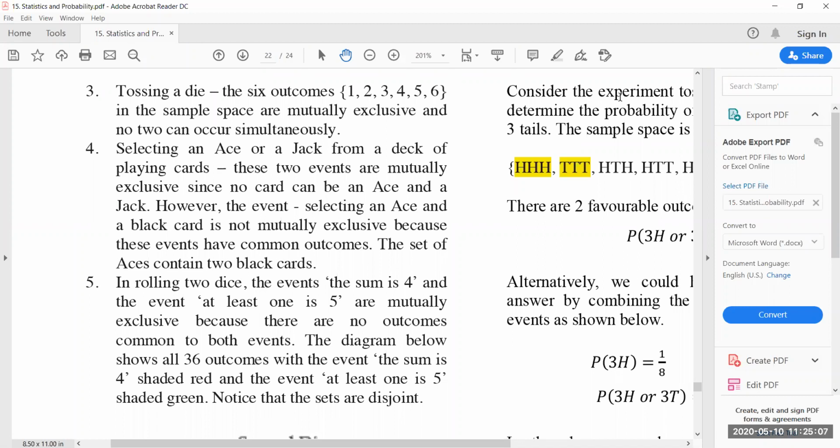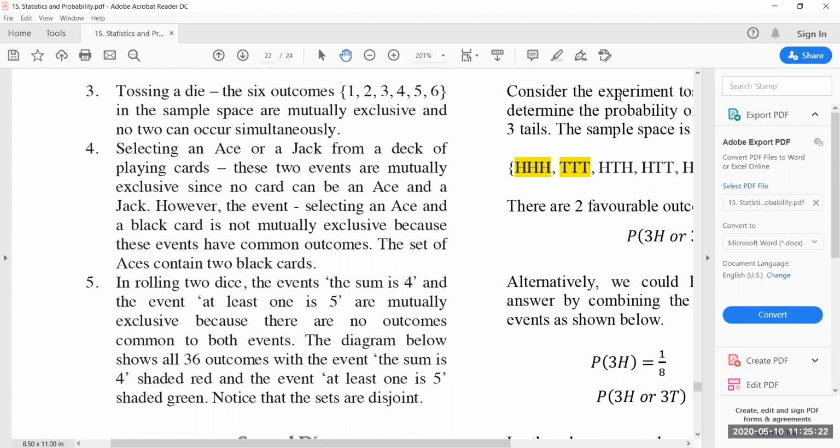In rolling 2 dice, the event that the sum is 4 and the event that at least 1 is 5 are also mutually exclusive, because there are no outcomes common to both events.